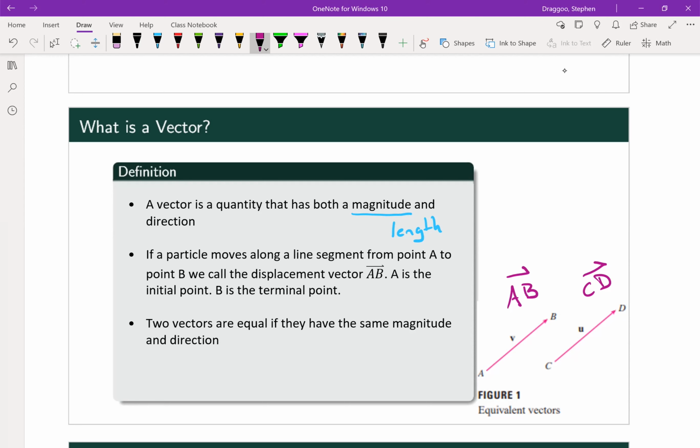Sometimes it will be useful for us to call vectors by a single letter instead of just naming their starting point and their ending point.